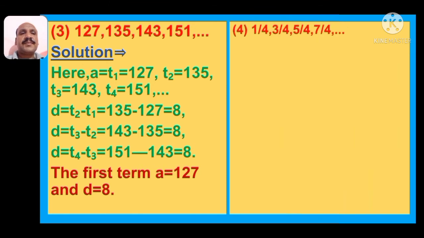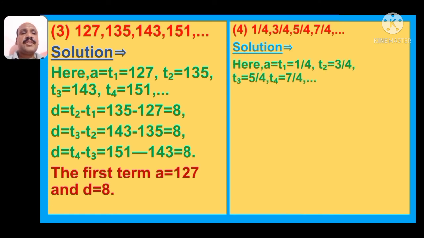Fourth question, the arithmetic progression is given 1 upon 4, 3 upon 4, 5 upon 4, 7 upon 4, dot dot dot. Solution, here A, that is first term, T1 is equal to 1 upon 4, T2 is equal to 3 upon 4, T3 is equal to 5 upon 4, T4 is equal to 7 upon 4, dot dot dot.